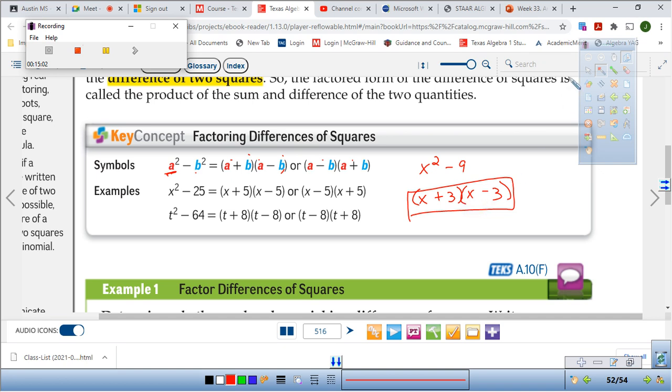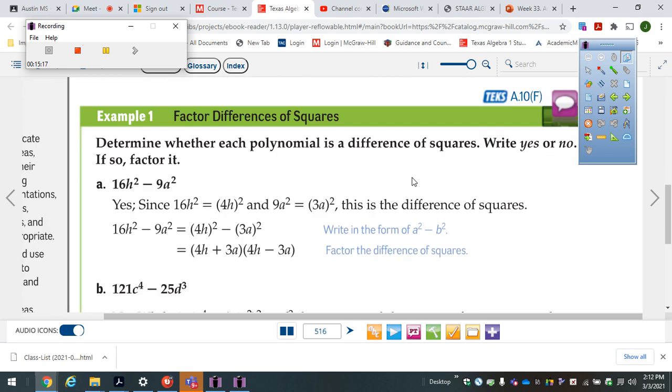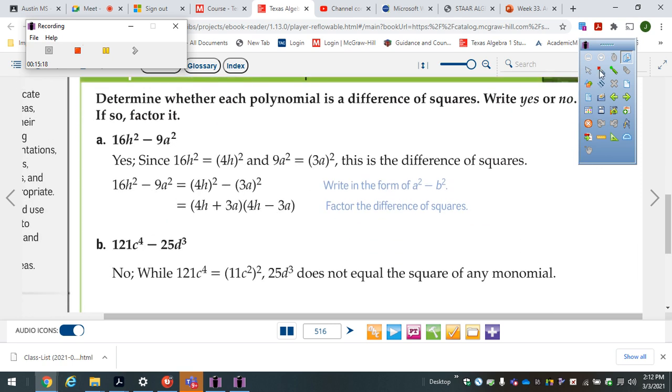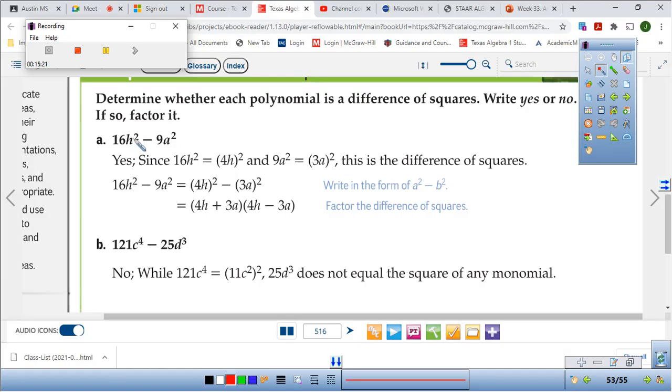Okay? So let's just go out here and practice some of this. Now, this one's kind of way out there. What is that? Something squared. You see that right there is 4h squared. What's that one squared? That's 3a squared. Okay? So when you see this, this is honestly a difference of squares. It breaks down to this.